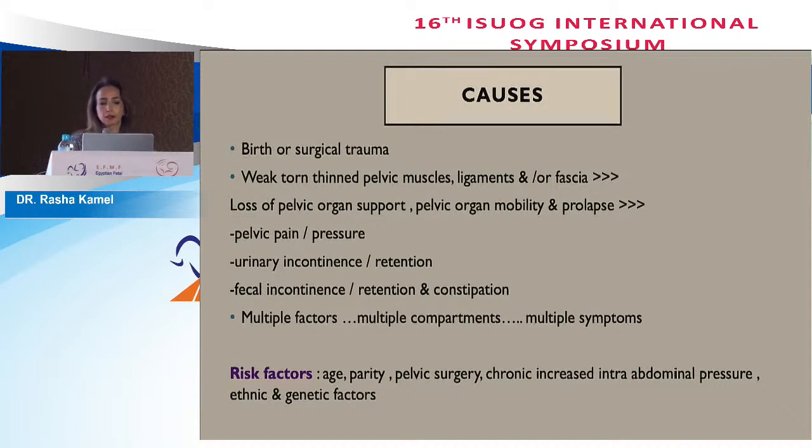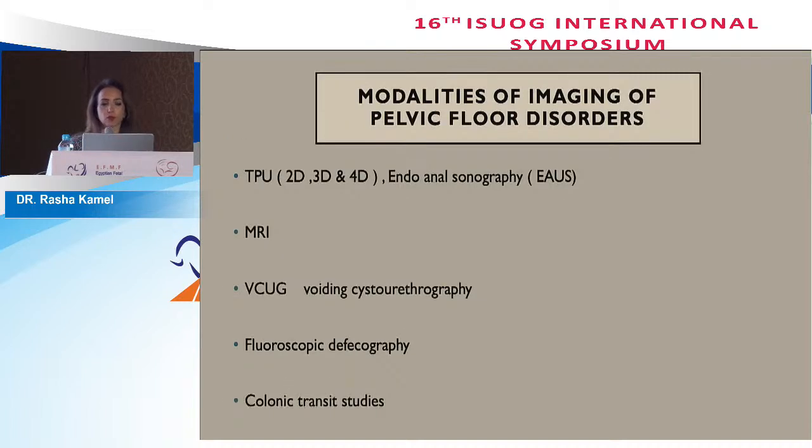We know that there are multiple factors for pelvic floor disorders, and it can affect multiple compartments of the pelvis, therefore giving multiple symptoms. The risk factors are age, parity, history of pelvic surgery, problems with chronically increased abdominal pressure, and ethnic and genetic factors. All these affect the prevalence of pelvic floor disorders.